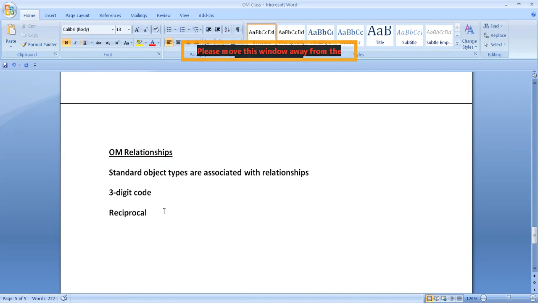So how do you maintain relationships? You can maintain them in two ways: A-type relationship and B-type relationship.